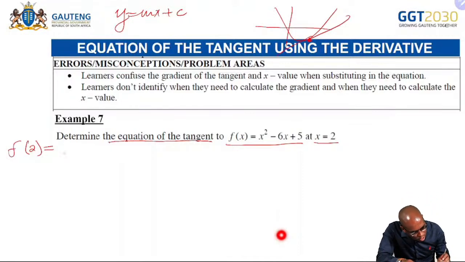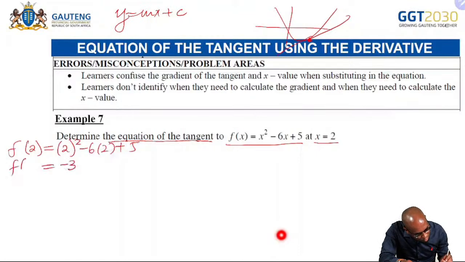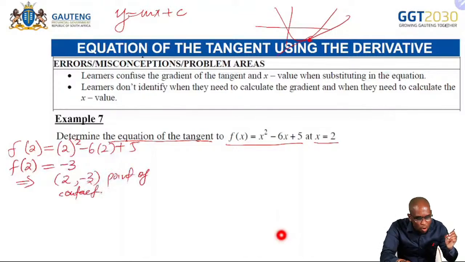So to find the point of contact, we have 2 squared minus 6 into 2 plus 5. What you're going to get here is minus 3. f of 2 is minus 3, which means that the point of contact would be (2, minus 3). This would be the point of contact.